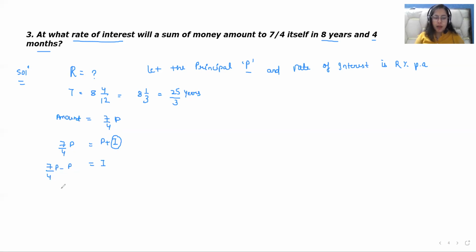After taking LCM and solving it, we get 7P minus 4P over 4 equals interest. So it has become 3/4 P of interest. So our value of interest is 3/4 of principal. Now we'll put the values in the rate formula, because we have to find the rate of interest.